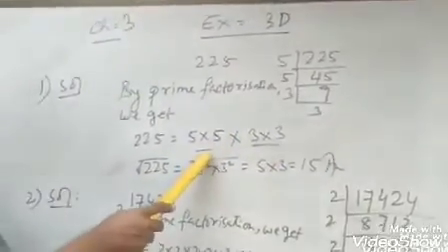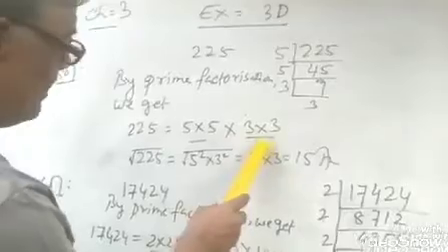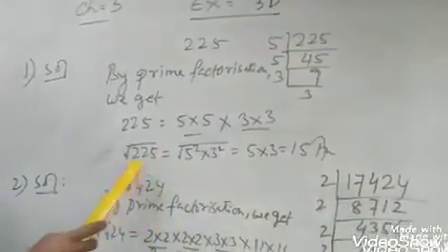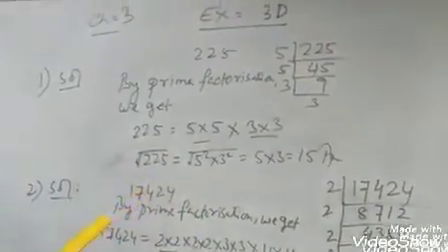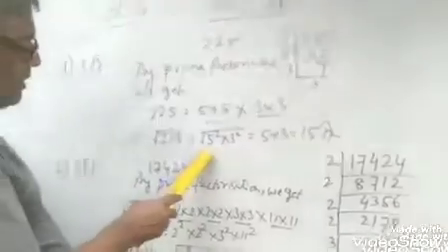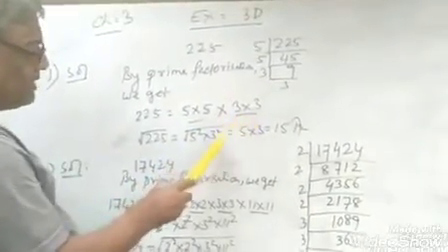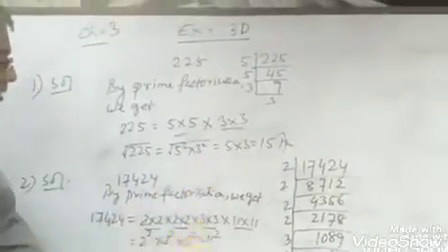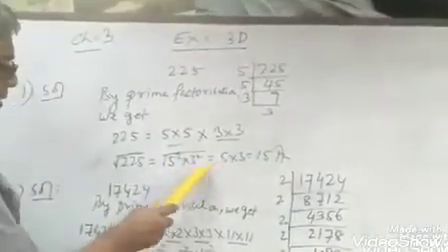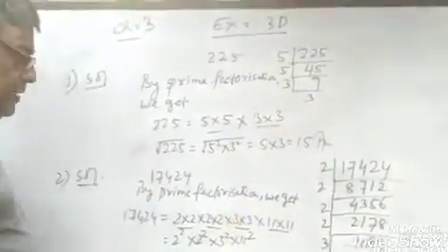Therefore 5 into 5 is one pair and another pair is 3 into 3. Under root of 225 equals under root of 5 square into 3 square equals 5 into 3 equals 15.